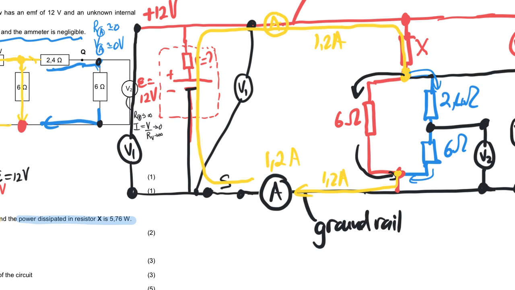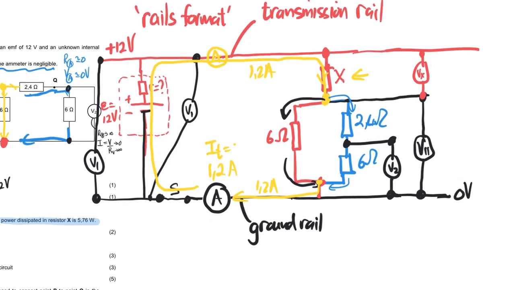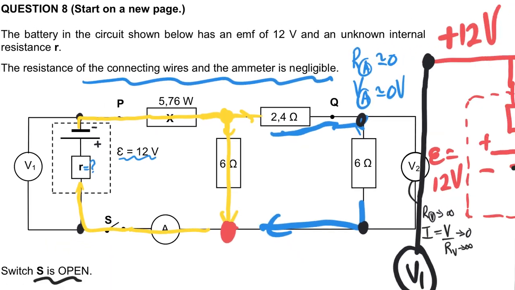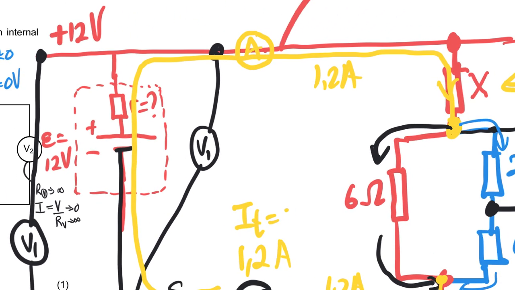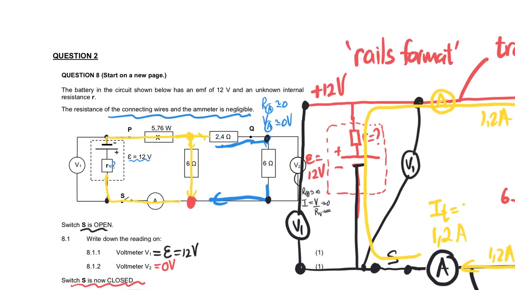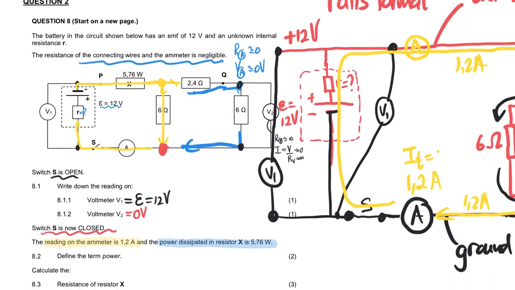Now, that means that the total current is 1,2 amperes, which means that the current flowing through X is 1,2 amperes. We haven't got the voltage across X, but we are told that X operates at 5,76 watts. So the power of X is 5,76 watts. And so that bit of information is going to help us to solve for X.